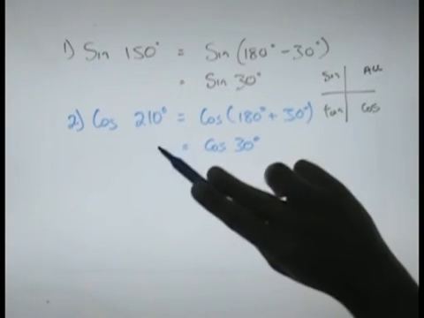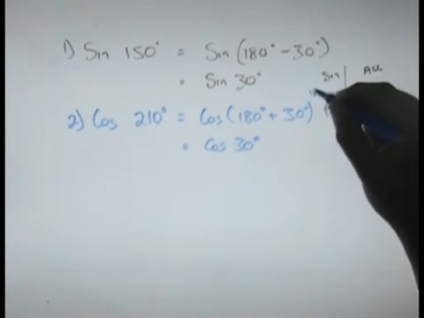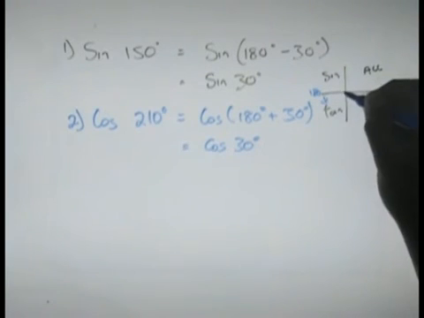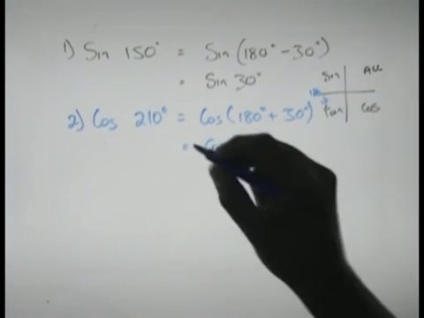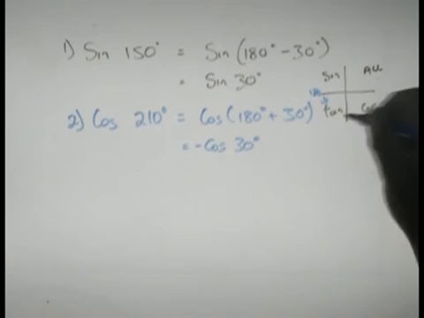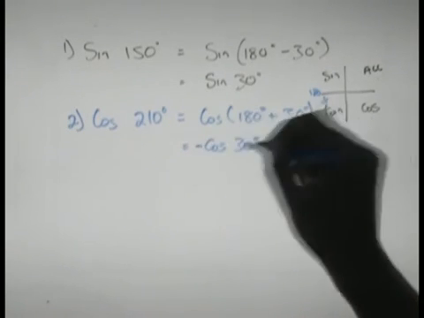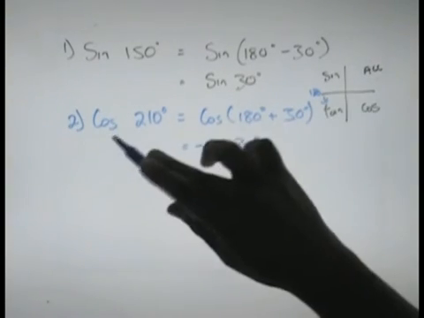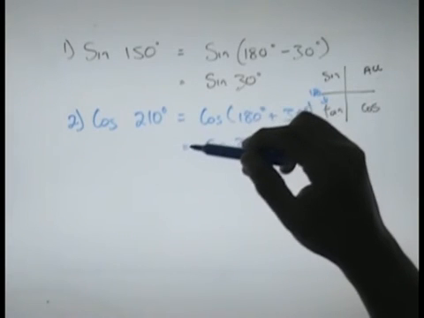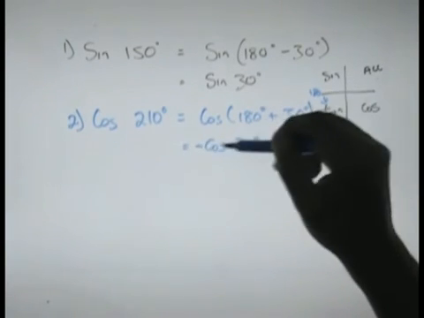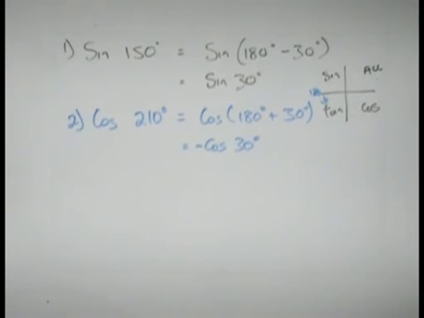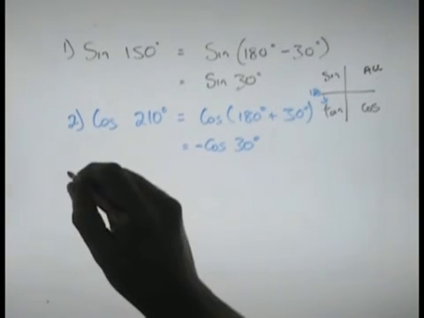But cos of 210, because it's 180 plus, means that it's in quadrant 3. Cos is not positive in quadrant 3, cos is negative in quadrant 3. So the answer, cos 210 degrees, is the same as negative cos of 30 degrees. And you can check that on your calculator if you wish.